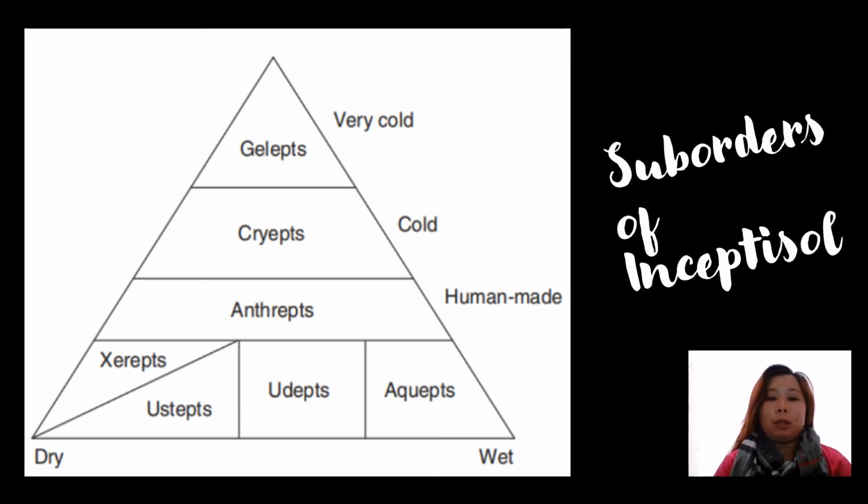For the udepts, these are common in areas with humid climates. And then we have the anthrepts, which contain markers of past agricultural or past cultural habitats and anthropogenic or man-made activities. And these anthrepts can occur in any climate.